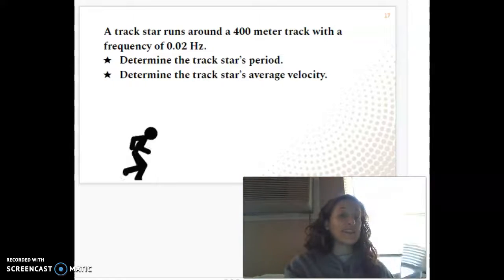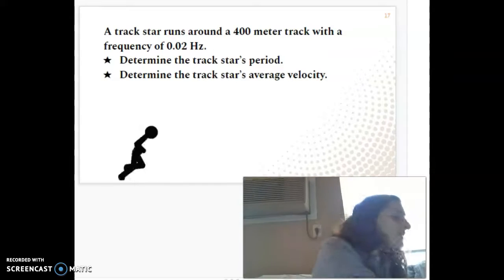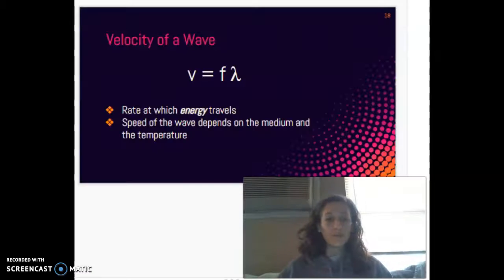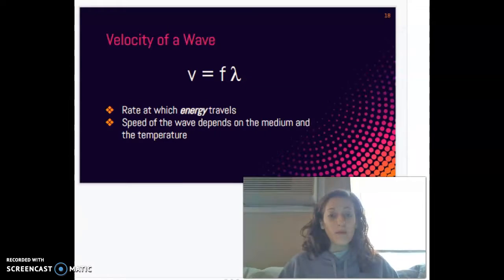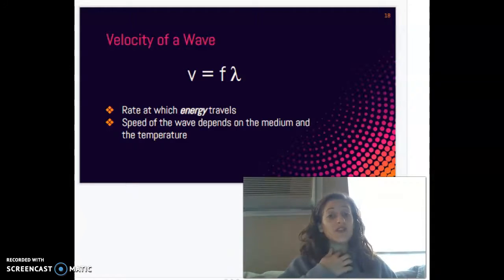Alrighty, let's continue on with some definitions and key terms. You've probably seen this before, but this is the way that we can find the velocity of a wave. So not just doing distance over time, this is the way we can write distance over time for a waveform. So velocity is equal to frequency times wavelength. Remember, wavelength is the Greek letter lambda.